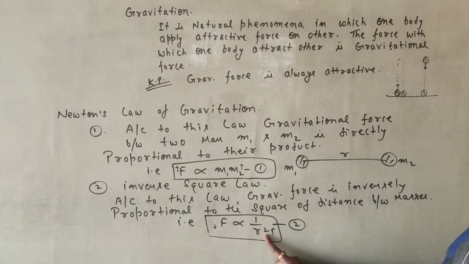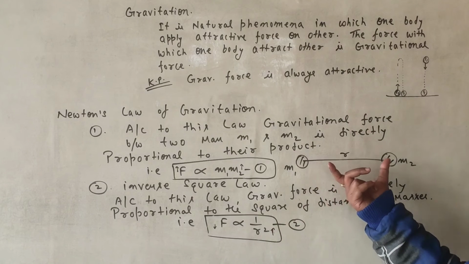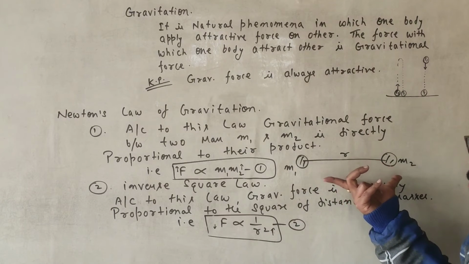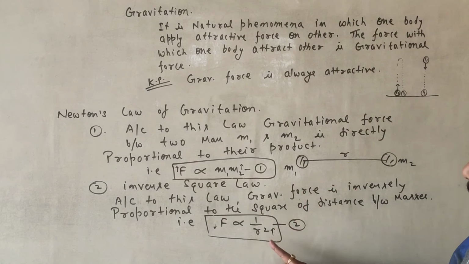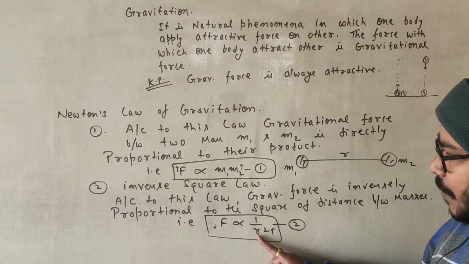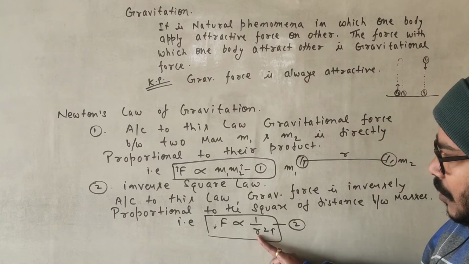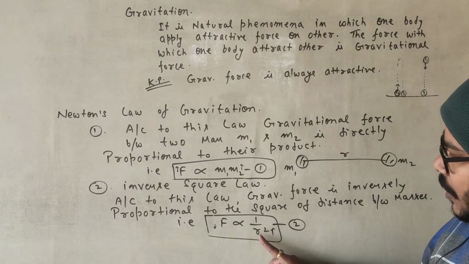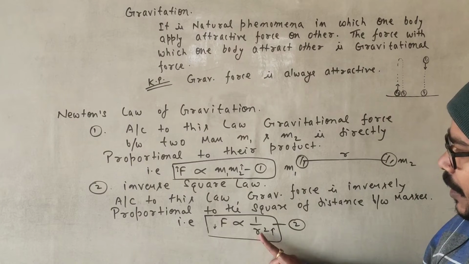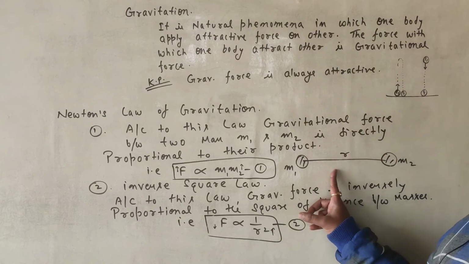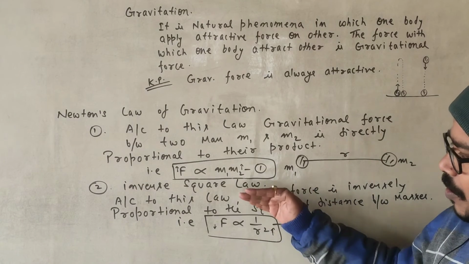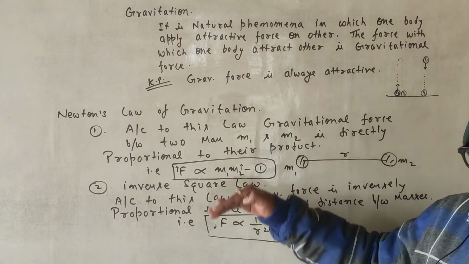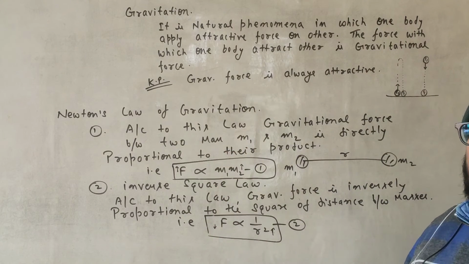Why? There is a square on the distance. The square tells that if we increase the distance 2 times, then we put 2 here, 2 squared is 4. It means that if we increase the distance 2 times, force falls down 4 times.